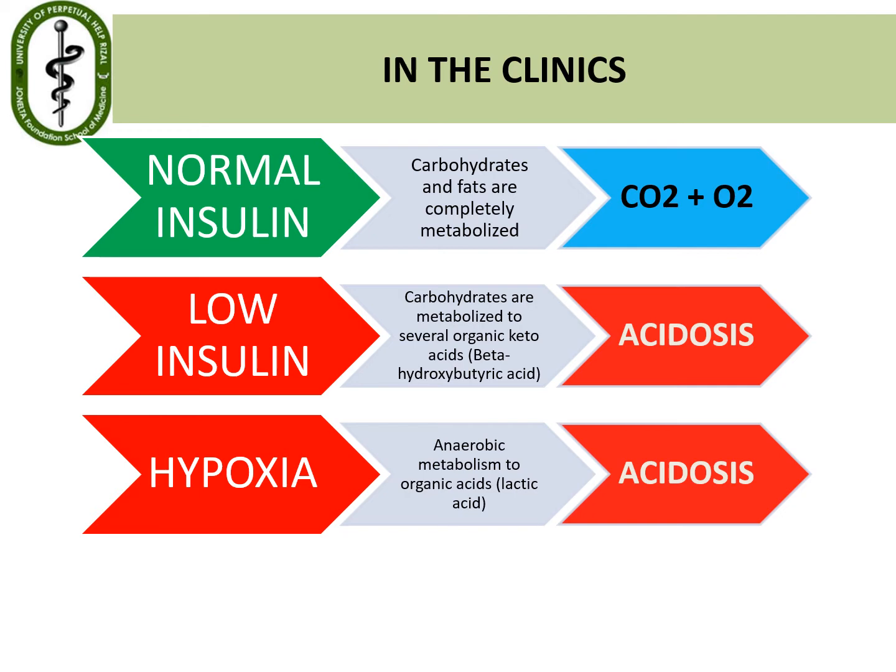If this goes on, the excessive carbohydrates are then metabolized to several organic acids, like the keto acids, especially beta-hydroxybutyric acid. Too much of this will bring about a state of acidosis. So with low insulin, you can have diabetic ketoacidosis.